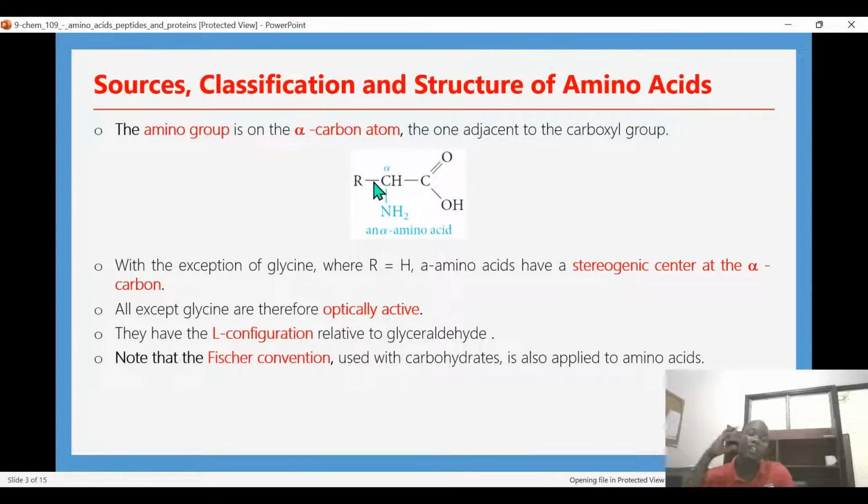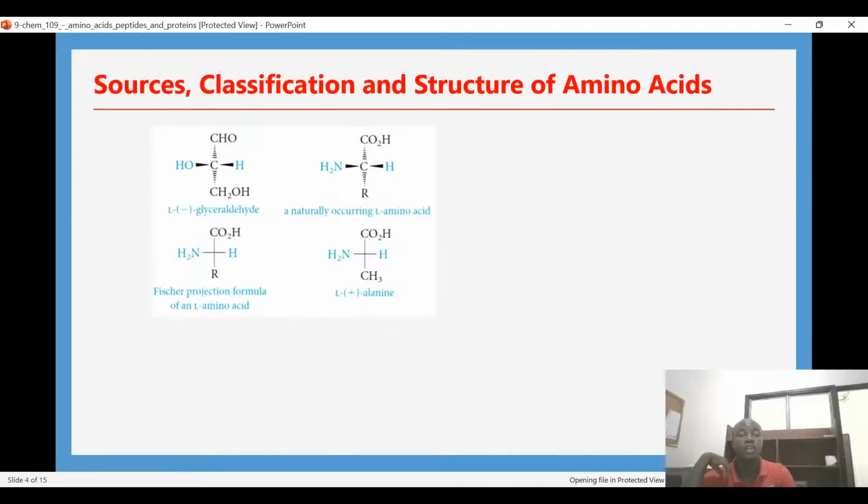And then note that the Fisher convention used with carbohydrates is also applied to amino acids. So we have the Fisher projection, and this is how to write amino acids in a Fisher projection form. This is actually L-glyceraldehyde, in the case of carbohydrate.